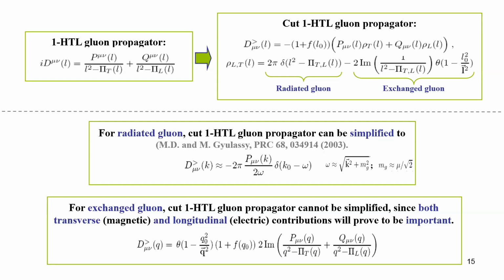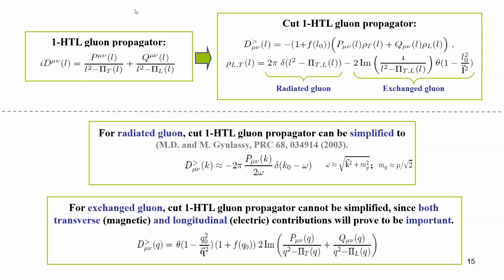The Debye mass goes into this radiated gluon, that is, into this quasi-particle contribution. It indirectly goes here, but it is not directly there. So it is not exactly that. I will try to explain this, and if you have a question again, we can discuss.